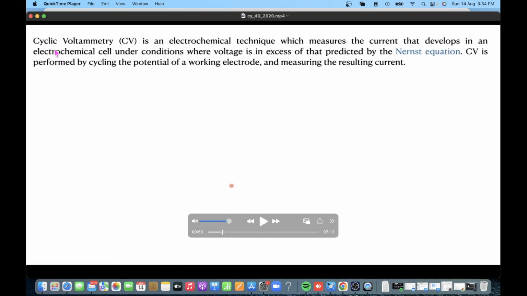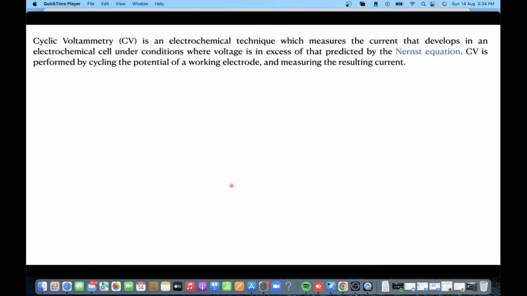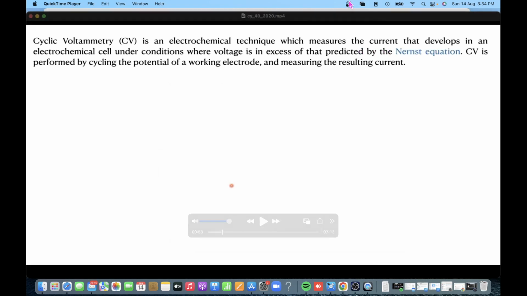Cyclic voltammetry, CV as we denote it, is an electrochemical technique which measures the current that develops in an electrochemical cell under conditions where voltage is in excess of that predicted by the Nernst equation.